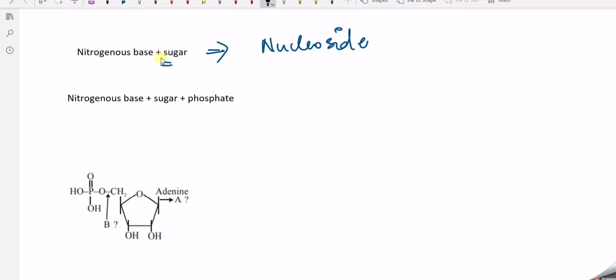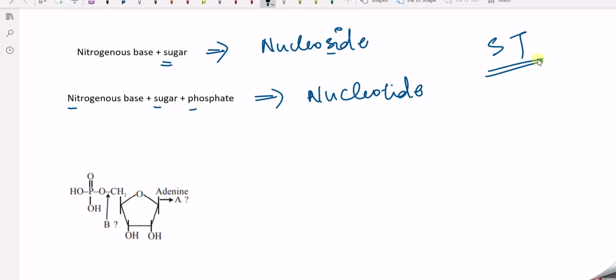Remember, S for S, sugar, nucleoside. Nitrogenous base, sugar plus phosphate comes as nucleotide. Remember that T comes after S. If there are 2 components, then it is a nucleoside. If there are 3 components, then it is a nucleotide. Understand?